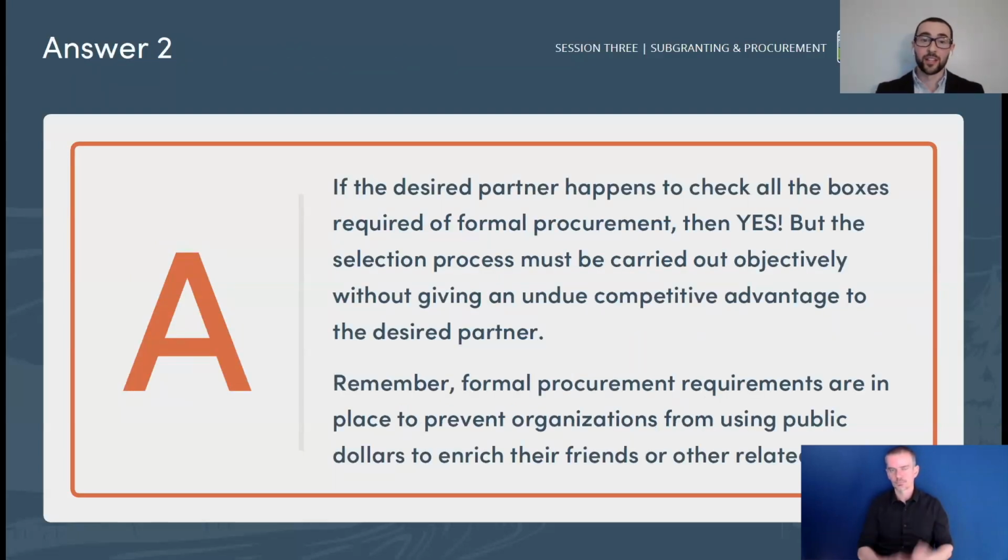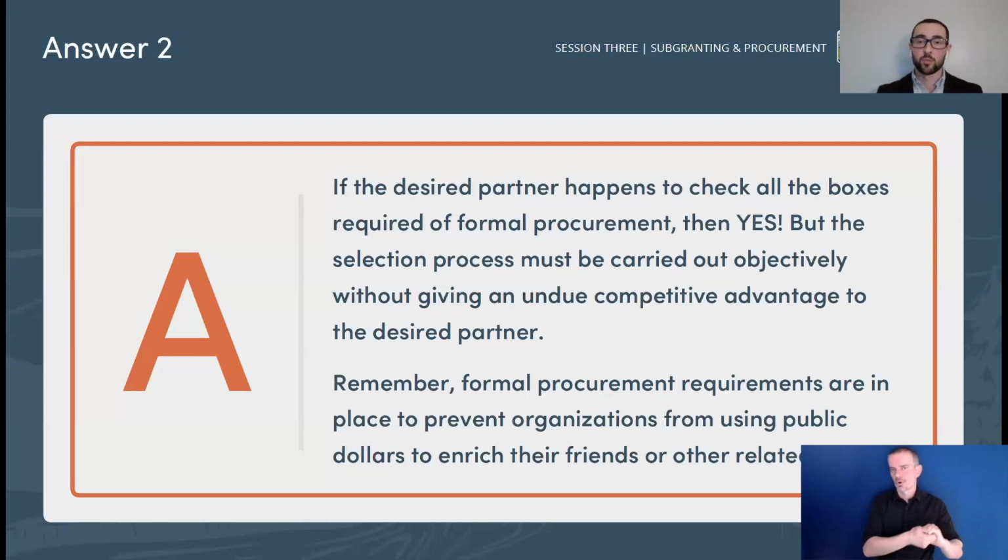So essentially, if the desired partner checks all the boxes, then yeah, absolutely. But if the selection process isn't carried out objectively, then it's possible that your decision making is biased, and you could be giving an undue competitive advantage to that desired partner.